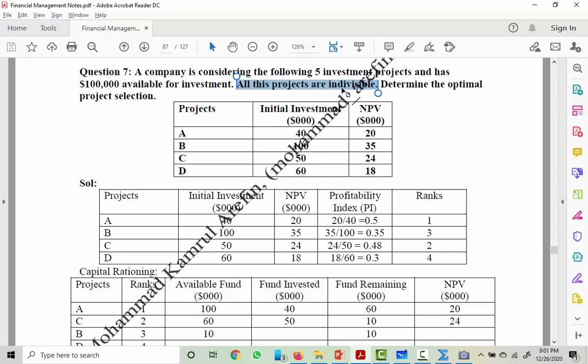If you start a project, you must finish the project. So this is indivisible, right?